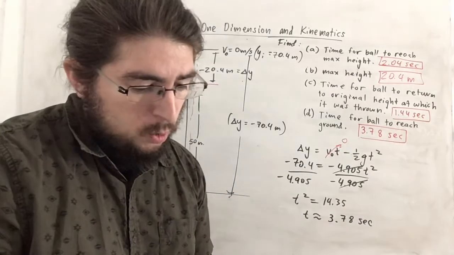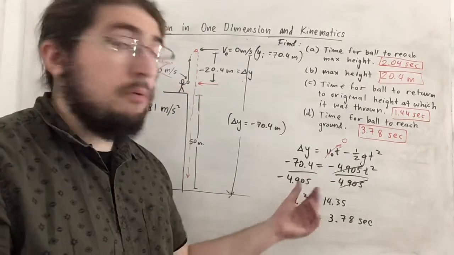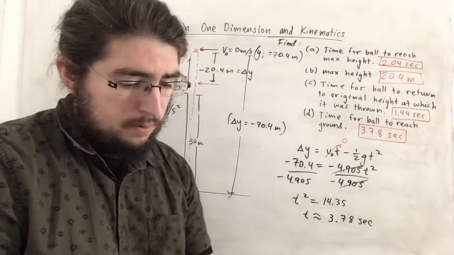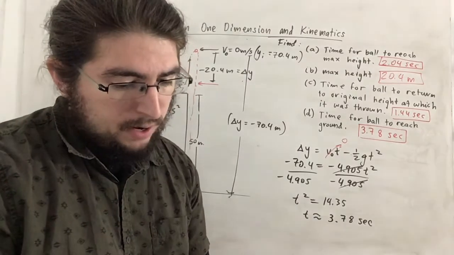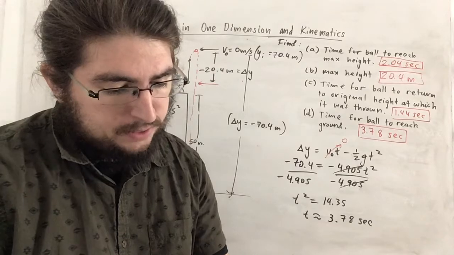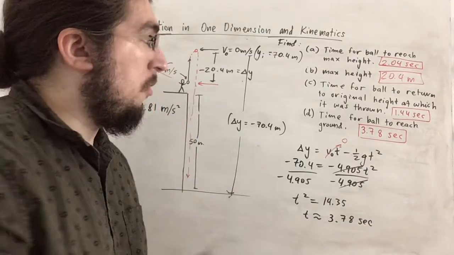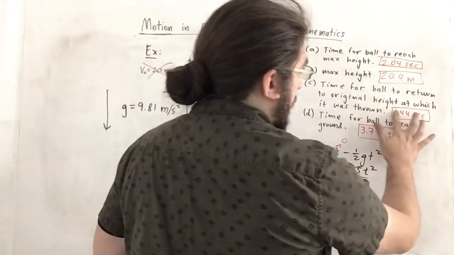So if we do 20.4 divided by not 9.81, but now by half of 9.81, which we know is 4.905, and then square root that answer, we get 2.04. So this is 2.04.